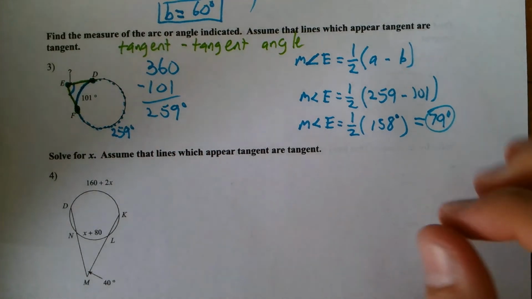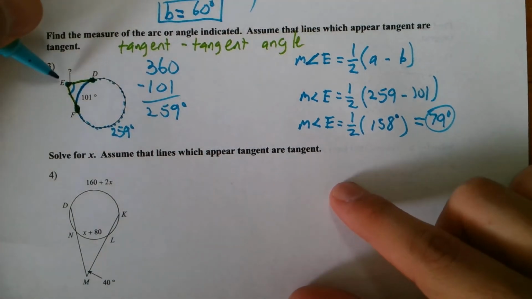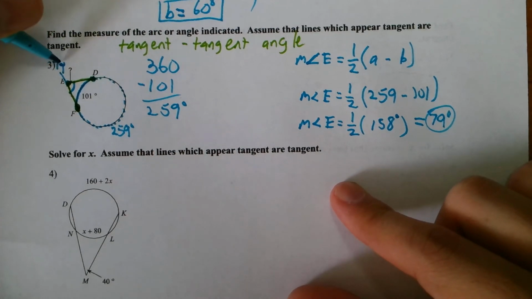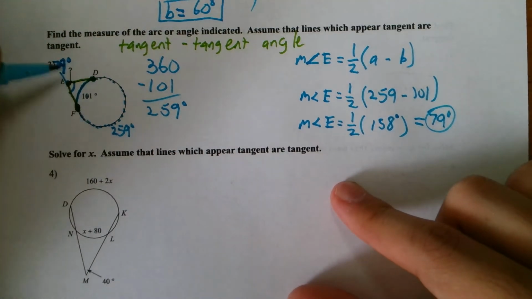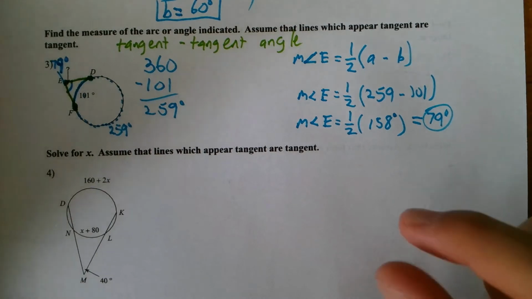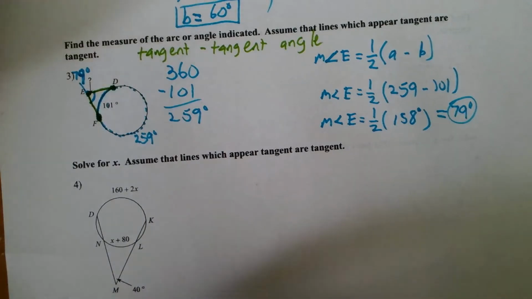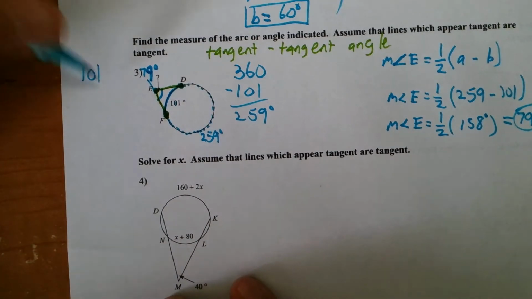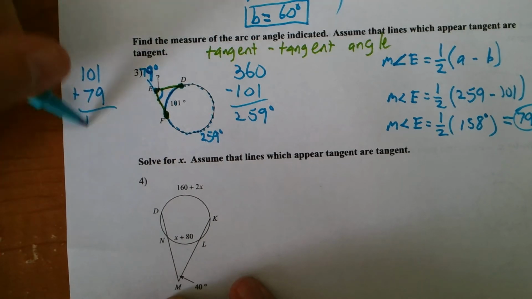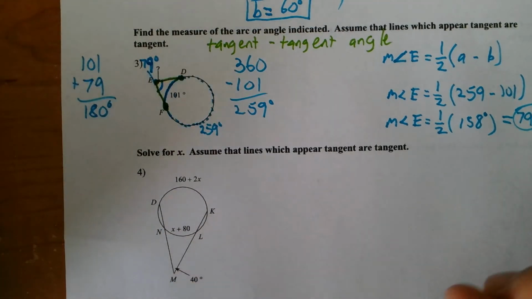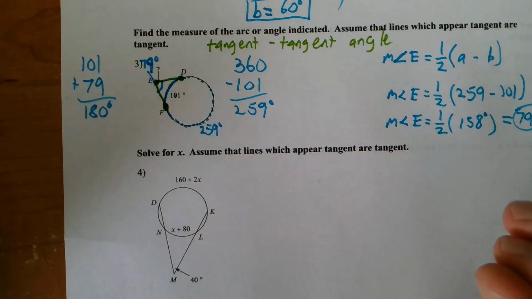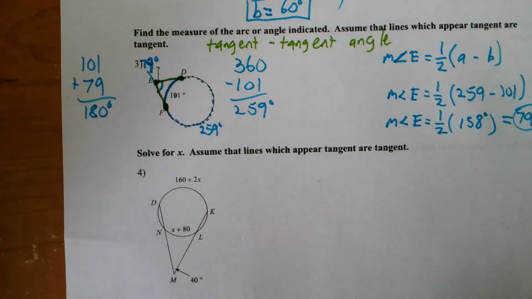Now, I want you to notice something cool. If I notice that angle E has a measure of 79 degrees, and I compare that to that 101 degrees, now obviously those numbers are not equal, but check this out. If I add them, 101 plus 79, it equals 180. And that number should stand out to you. Whenever we see 180 degrees in geometry, we kind of get excited, right?